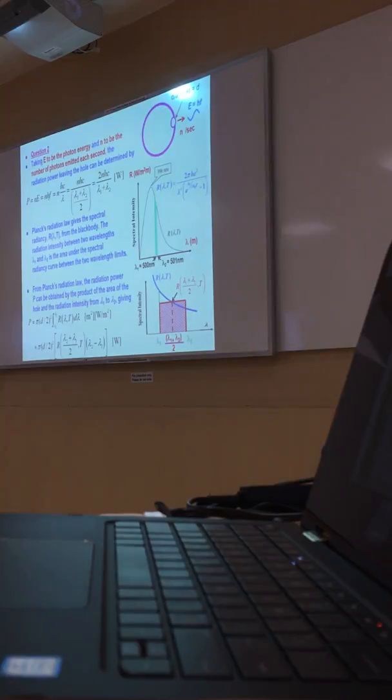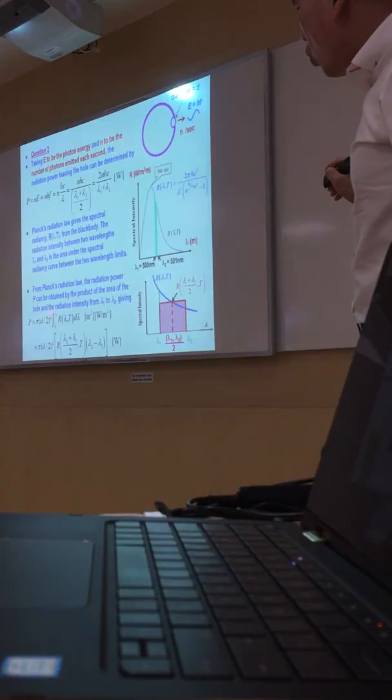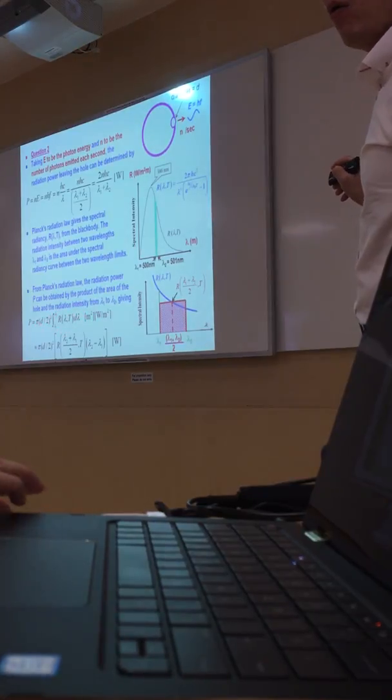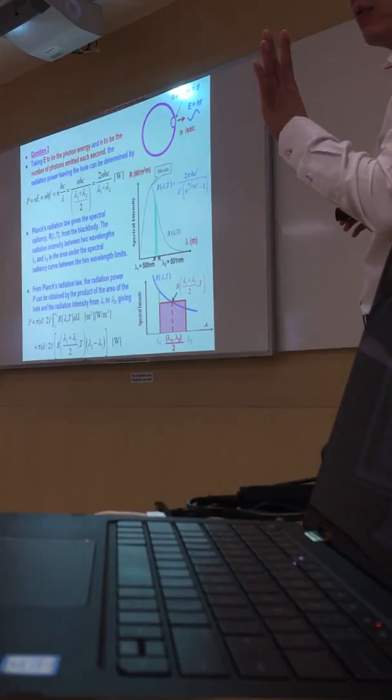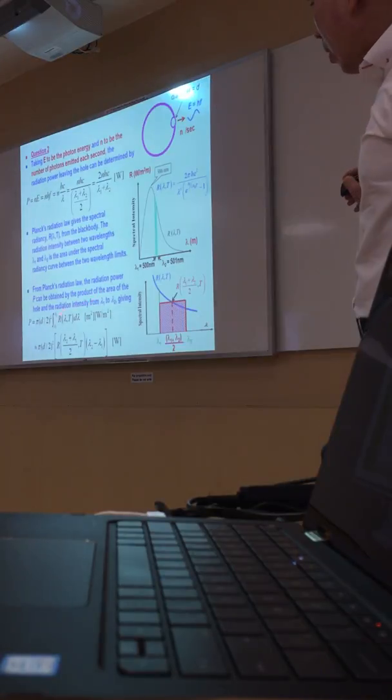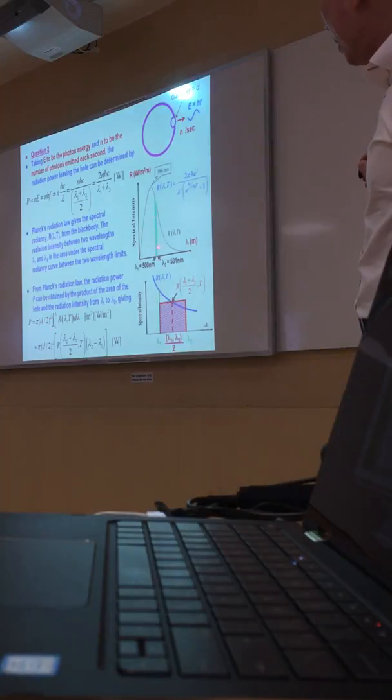So far so good, everybody? Now, then the issue comes here is like this. In fact, there is no closed form for Planck's radiation law over a band. There's no closed form. So I cannot obtain an analytical expression for this area.